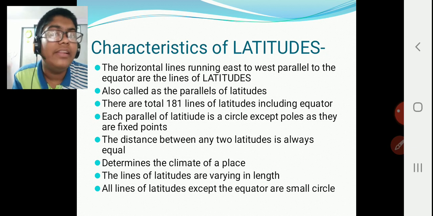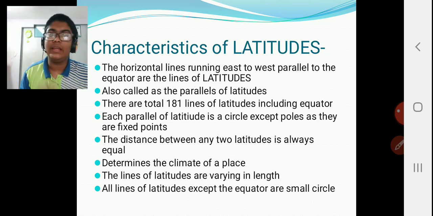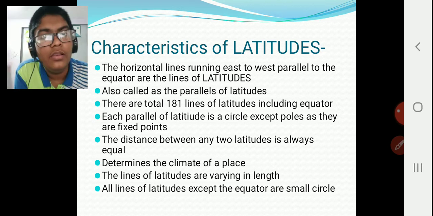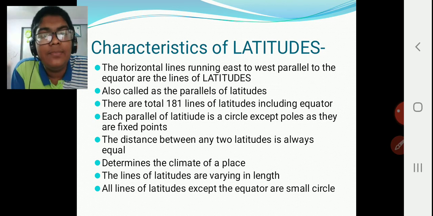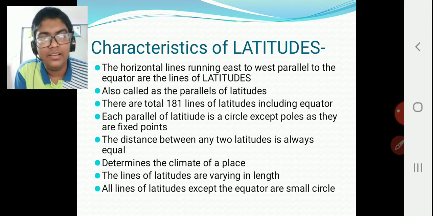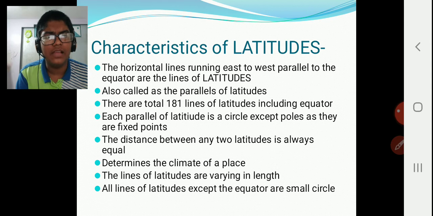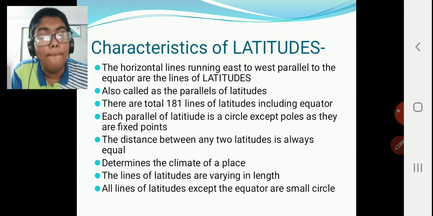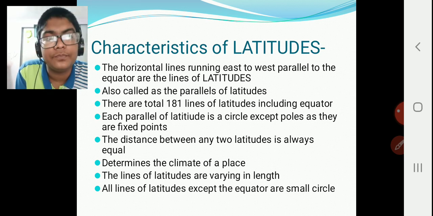There are a total of 181 latitudes: 90 degrees north, 90 degrees south, and one equator. Each parallel of latitude is a circle except for the poles. The poles are just a dot because they are at 90 degrees.